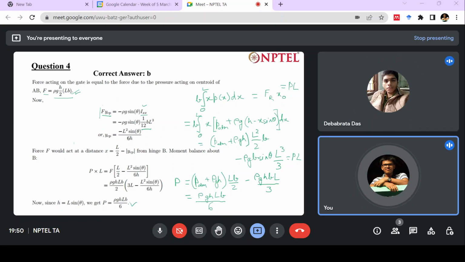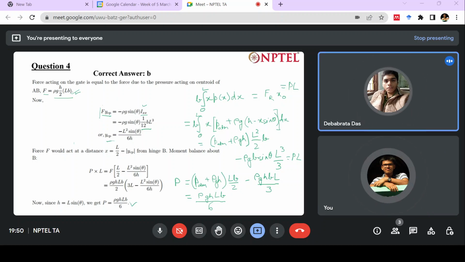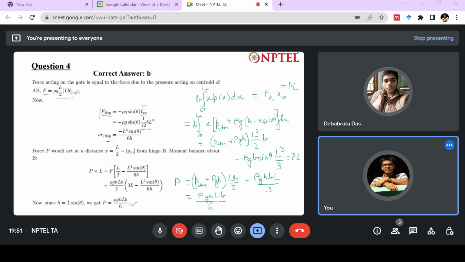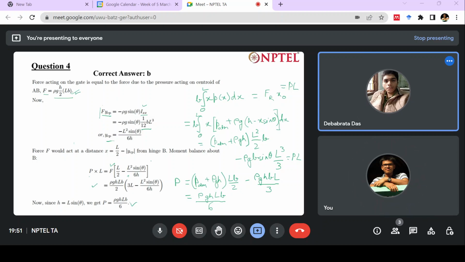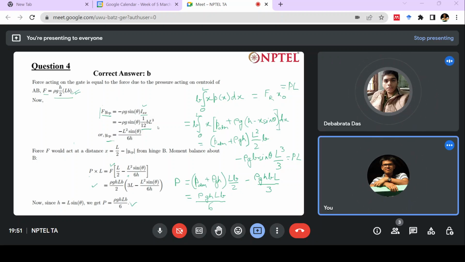From there they have calculated this YCP, and using this YCP again they have done the moment balance. So whichever way you feel more comfortable, we can do. But either way, if you have any doubt, you can ask me.